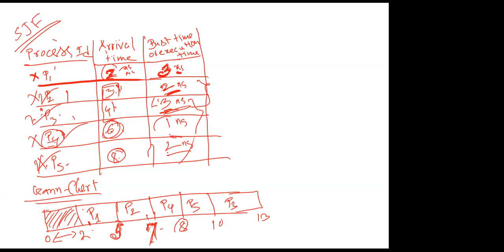Okay, so let's explore some other features of the SJF algorithm. Let's calculate some process-related times. First we calculate the completion time, or CT, of a particular process.